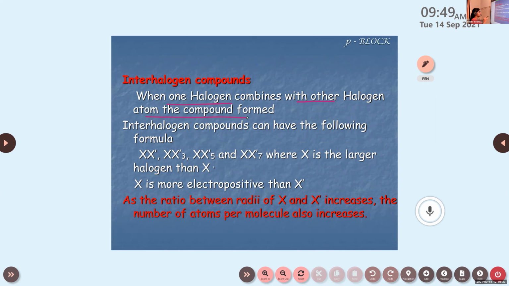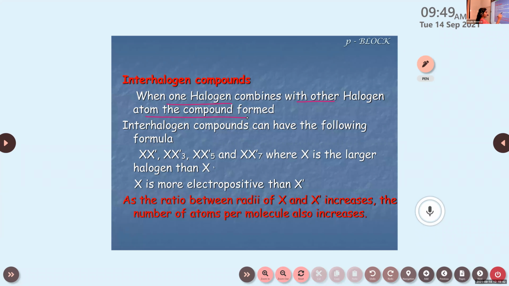Okay. And interhalogen compounds can have the following formulas: XX', XX'3, XX'5, and XX'7. X stands for one halogen, and X' stands for another halogen.